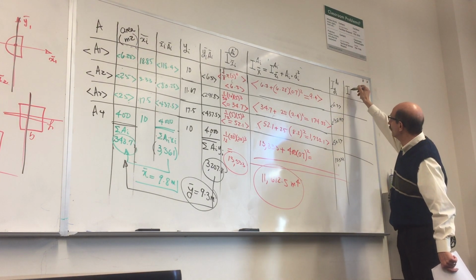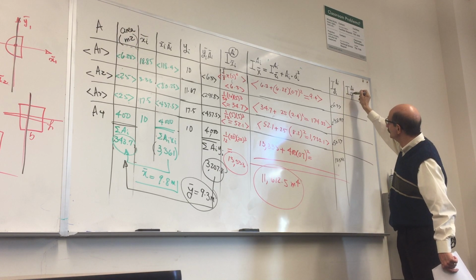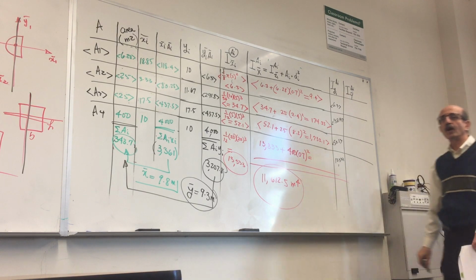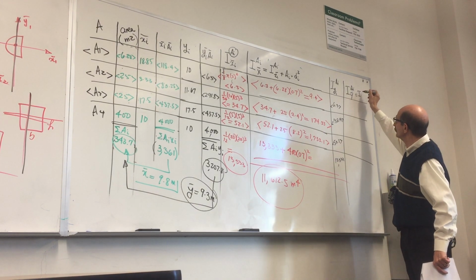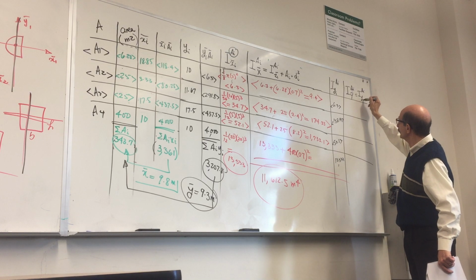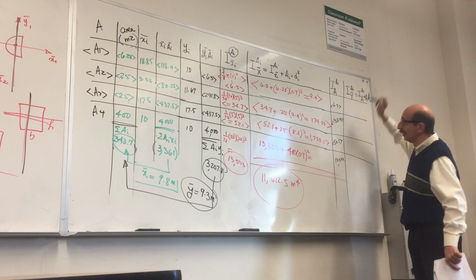Once you tabulate those, now you need to find the moment of inertia of each shape about the central axis y of that whole shape, which is this plus A_i times d prime_i squared.